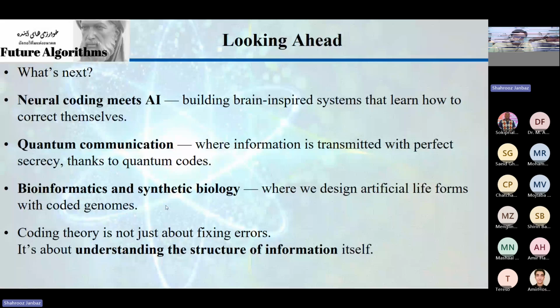So coding theory is not just about fixing errors, it's about understanding the structure of information itself. Actually, in recent research called constructor theory, the researchers want to show that the universe is an informational medium and uses information for evolution.